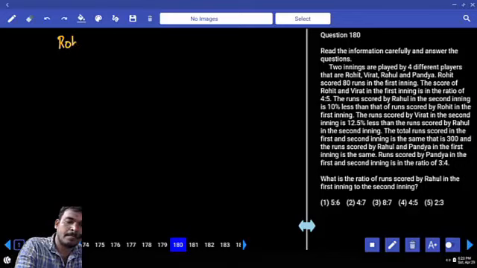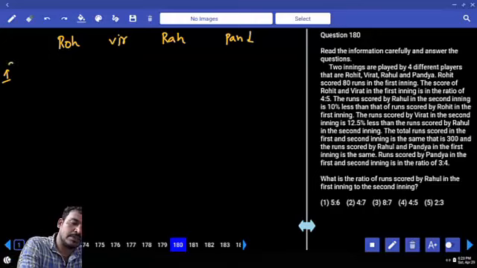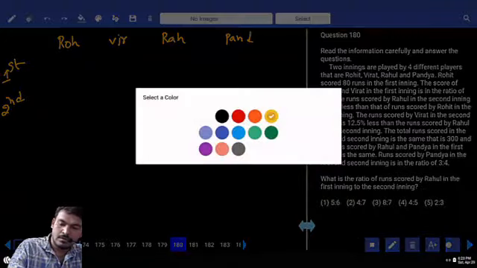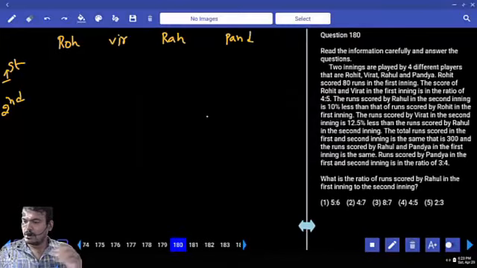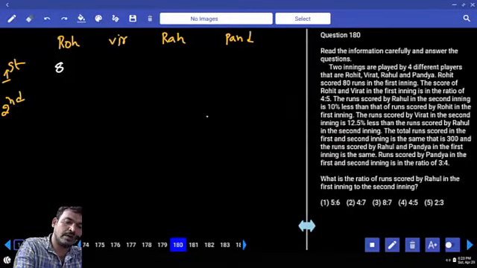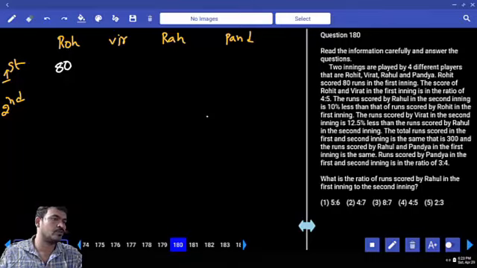Rohit, next one Virat, next one Rahul, next one Pandya. Rohit scored 80 runs in the first innings. First innings Rohit value is how much? 80. Next, the score of Rohit and Virat in the first innings is in the ratio of 4:5.